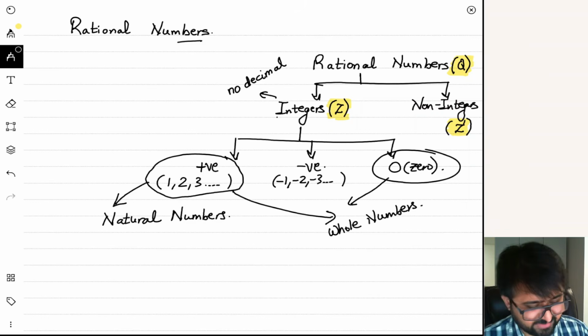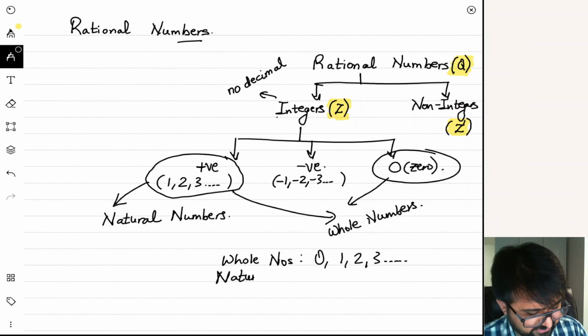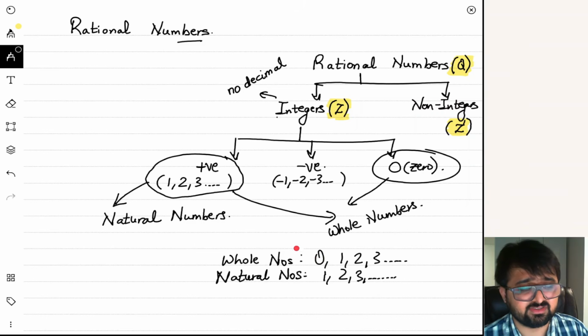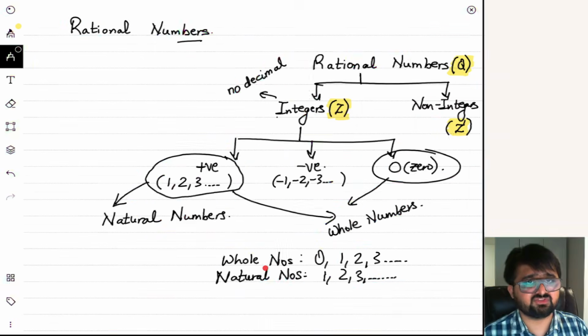So whole numbers would be 0, 1, 2, 3, and so on. Your natural numbers would be 1, 2, 3, 4, and so on. If you add the number 0 here, then that set is the whole numbers. I hope it makes sense so far.